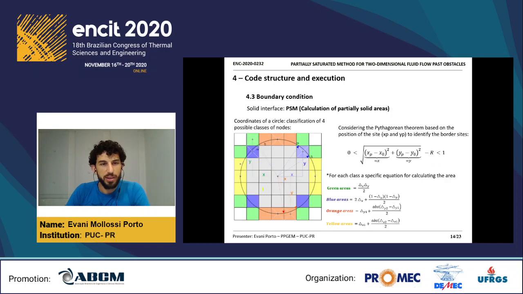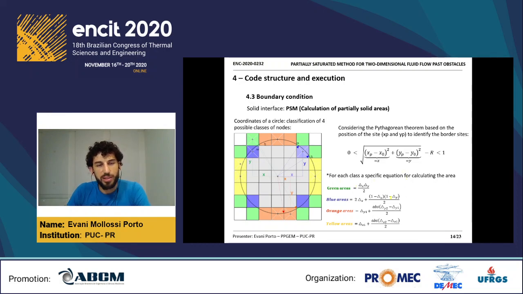So the key point here is how to calculate the specific areas for each site. We defined in our job 4 different areas to calculate the specific value. So green areas, blue areas, orange areas, and yellow areas have a specific equation to calculate the respective value.